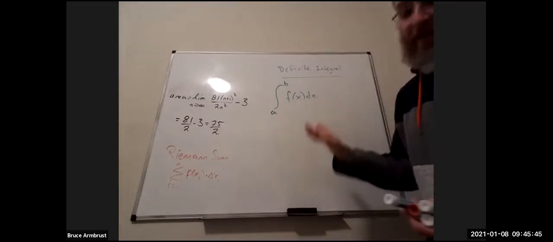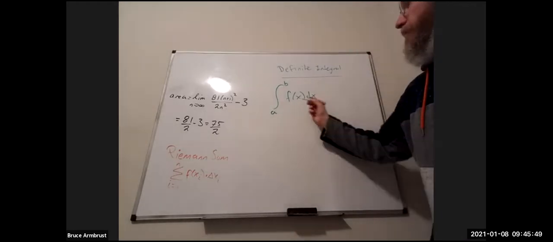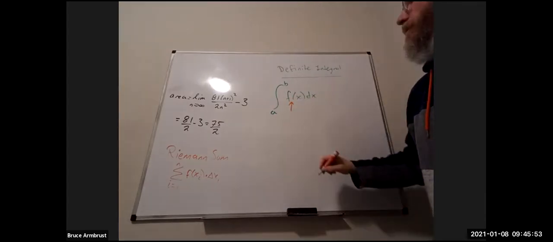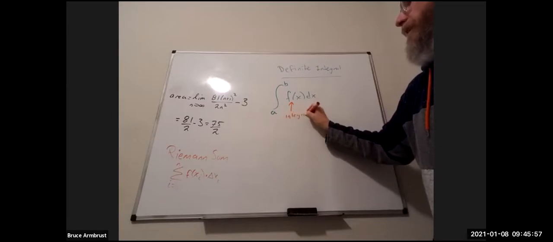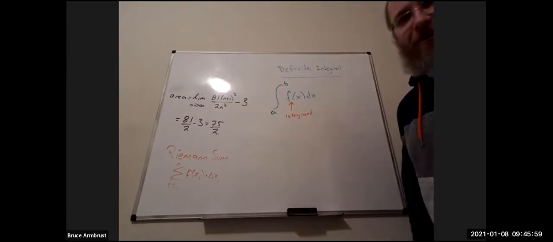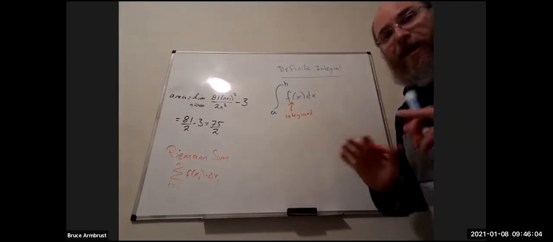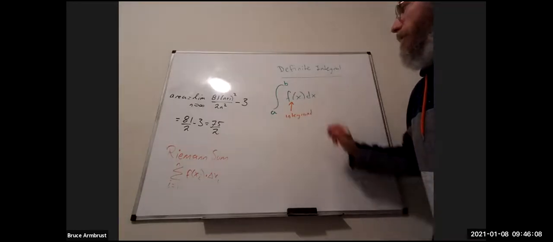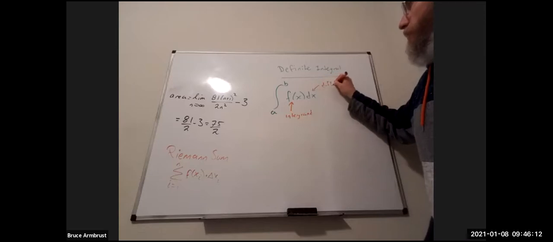So the way to read this is, this is our function. The technical name for that is the integrand. This is the first and last time I'm going to say that in this class, but this is the integrand. All right, the dx, the name for this is, it's a differential.